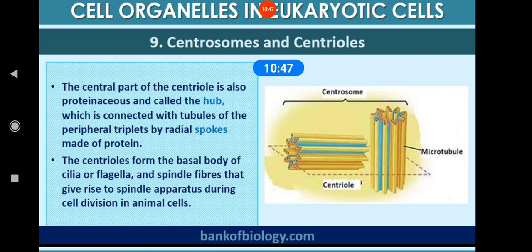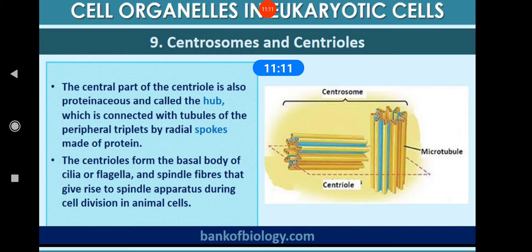The centriole forms a basal body of the cilia or flagella, or the spindle fibers that give rise to the spindle apparatus during cell division in an animal cell. So centrioles play a very important role as they form the basal body of the cilia or flagella.